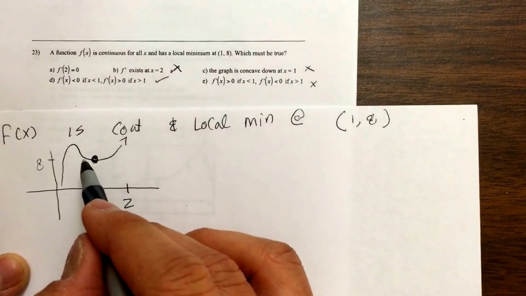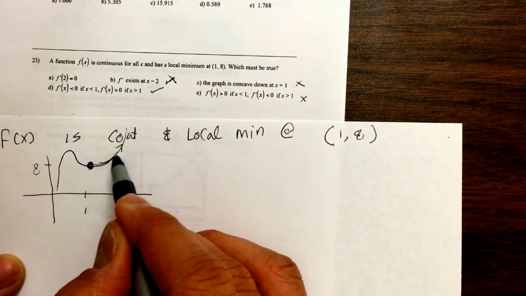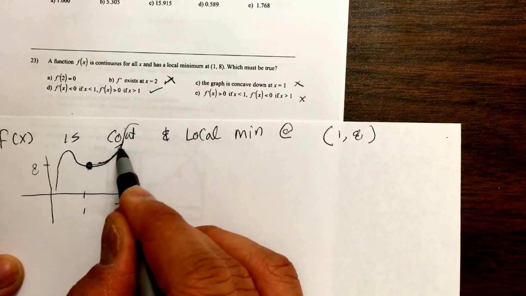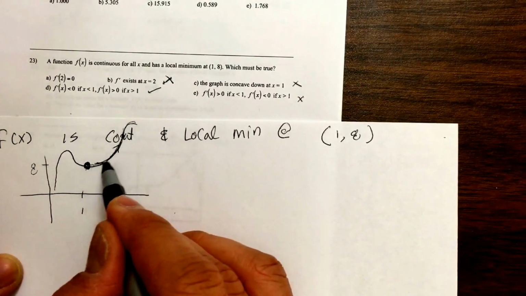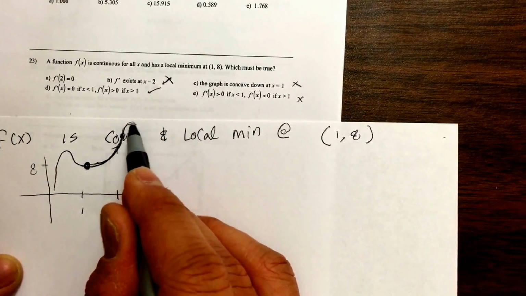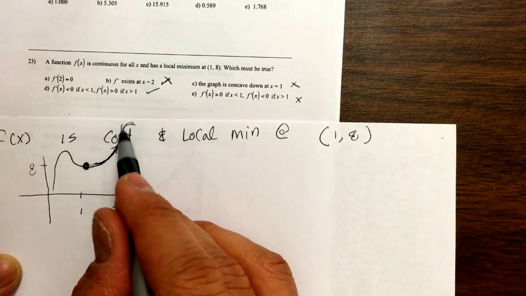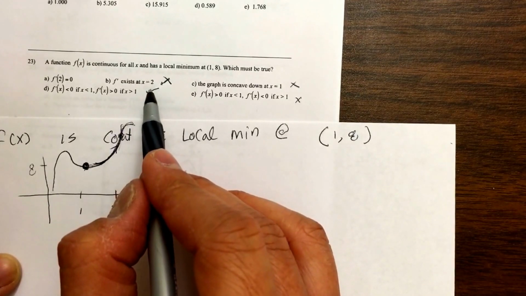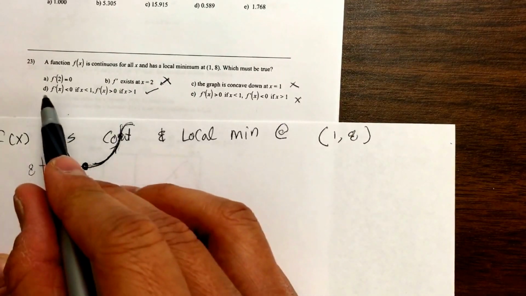Say I drew this function and it continued to go like this, and it has a vertical line here, and it turns here. When you take the derivative at 2, you're going to get a vertical line, and the vertical line is undefined. The vertical line has no slope, and therefore the derivative does not have to exist at x equals 2. So that's not true. So the only one that's true has to be D.